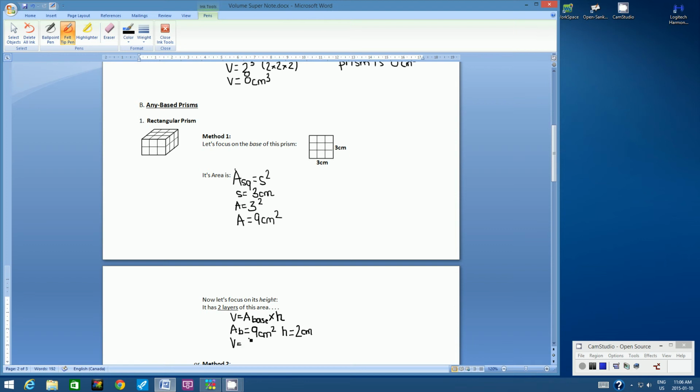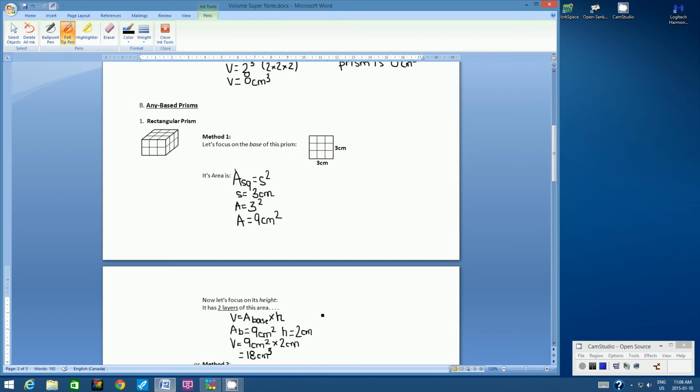Volume equals 9 centimeters squared times 2 centimeters equals, if we multiply these two together, 9 times 2 is 18 centimeters cubed. Remember, when we're talking about volume, it's always going to be units cubed.